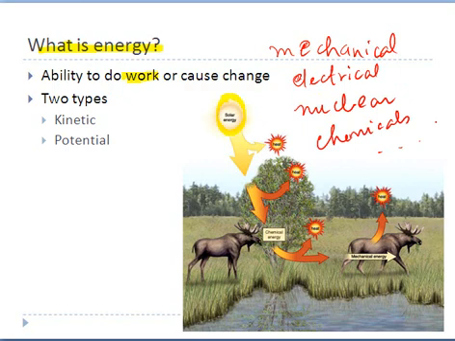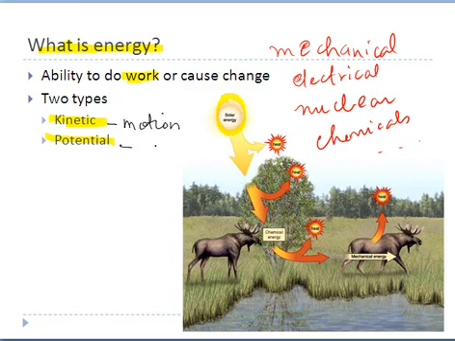The two main types of energy that we want to look into are kinetic energy and potential energy. Kinetic energy is the energy which is due to motion, or it results in movement. So anytime, whether it's an atom or a ball that is vibrating or moving, whether it's a car that's moving, whether you're walking, whether any kind of motion is taking place, the energy that is used at that time is the kinetic energy.